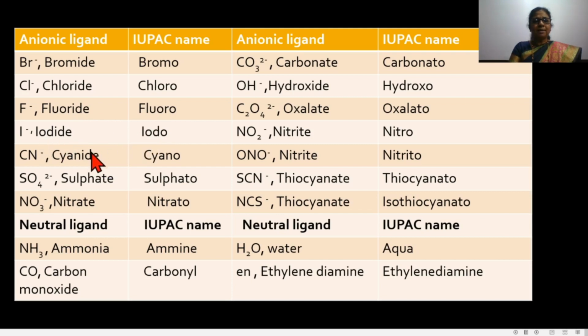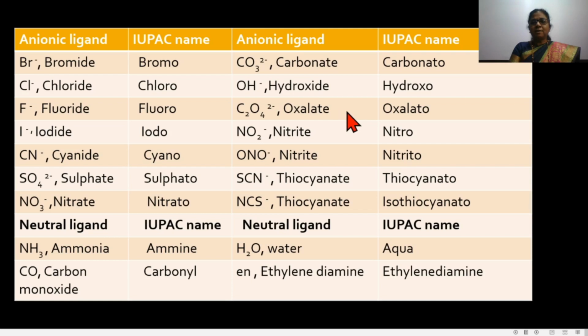Cyanide, IDE is replaced by O, cyano. Then SO4 2 minus, sulfate, sulfato. Nitrate, nitrato. Then carbonate, CO3 2 minus, ATE is replaced by O, carbonato. Then hydroxide, OH minus, hydroxo.